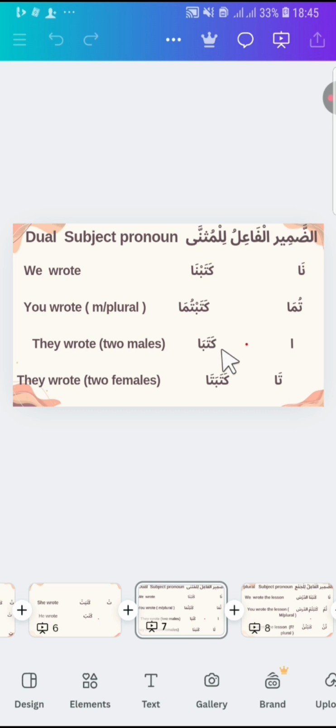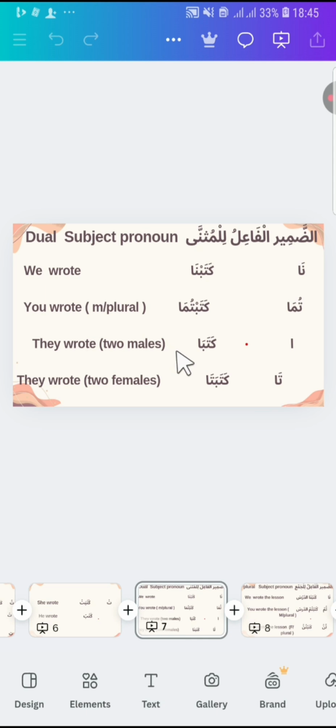Let's use jalasa, they sat. Fataha albab, they opened the door. Qara'a, they read.